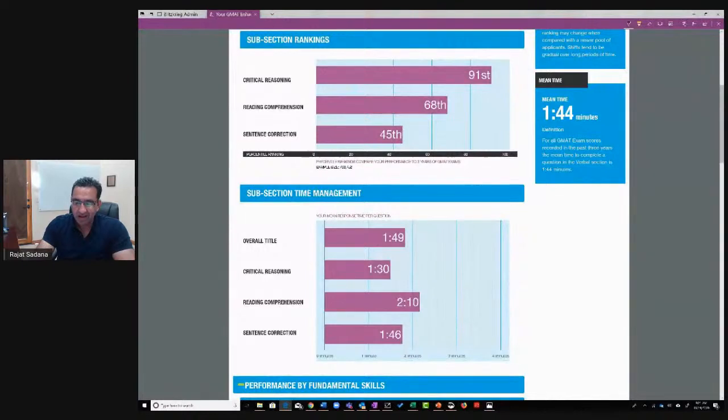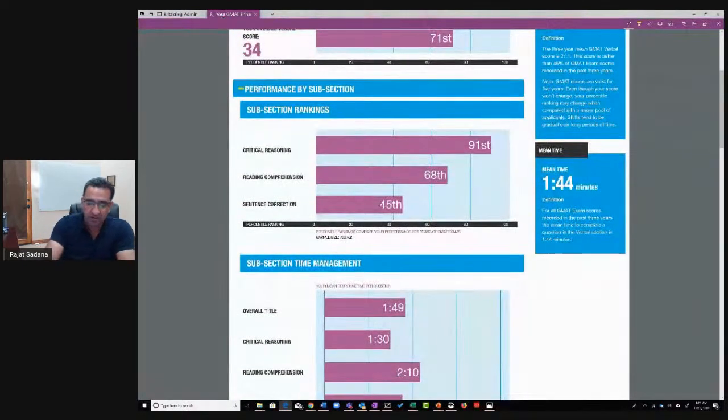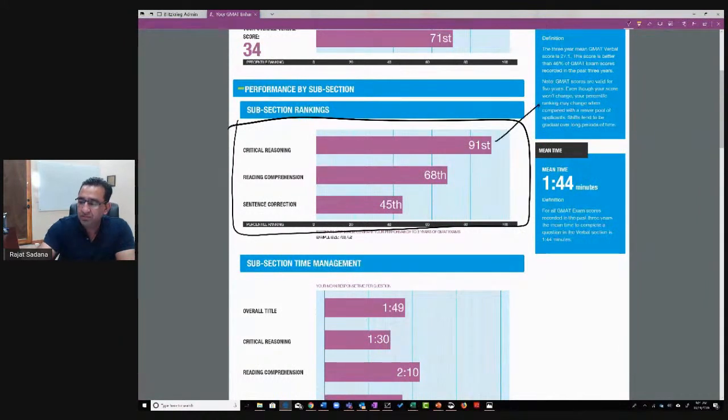What do you infer from these subsectional rankings?